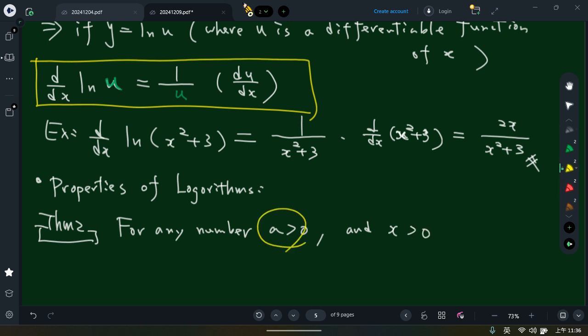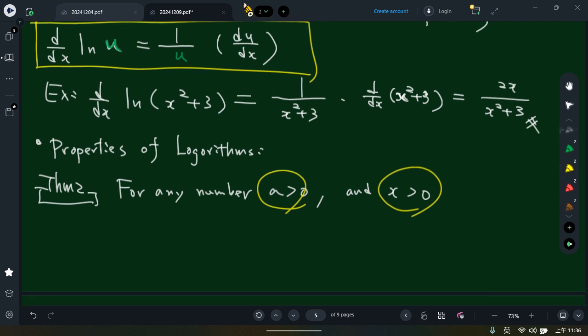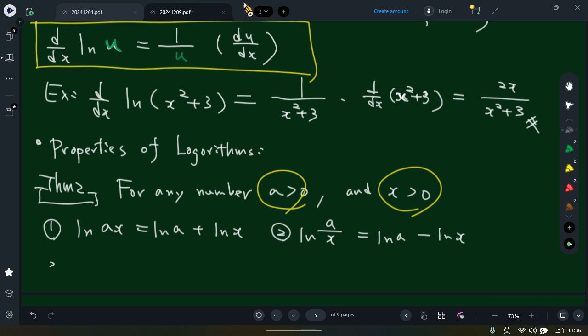So remember, a should be positive, x is also positive. The first thing is ln ax will be ln a plus ln x. The second one is ln a over x will be ln a minus ln x. The third one is ln 1 over x will be negative ln x. The next one is ln x to the power of r will be r times ln x.